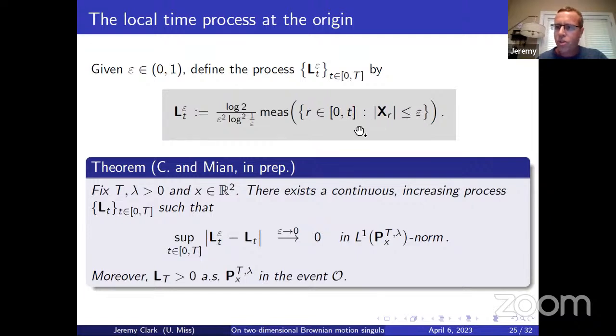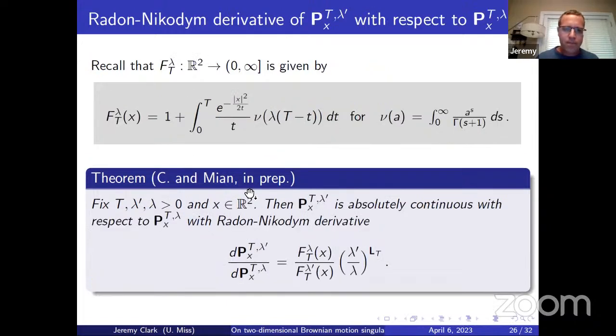So this is the local time, measuring the time that the process spends within a distance epsilon from zero. Then the theorem is that there exists a limit for this process as epsilon goes to 0. That is the result. This thing right here converges to something.